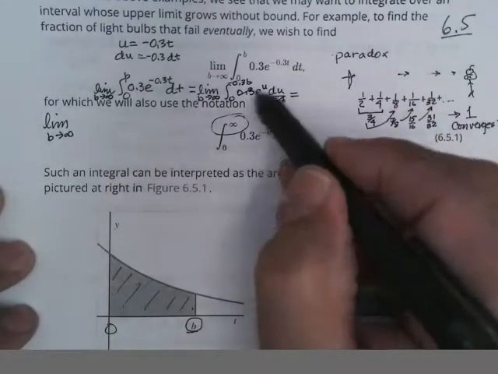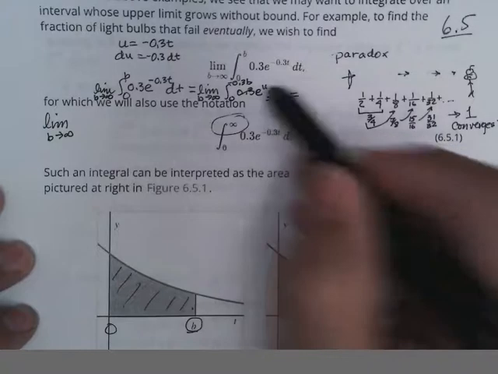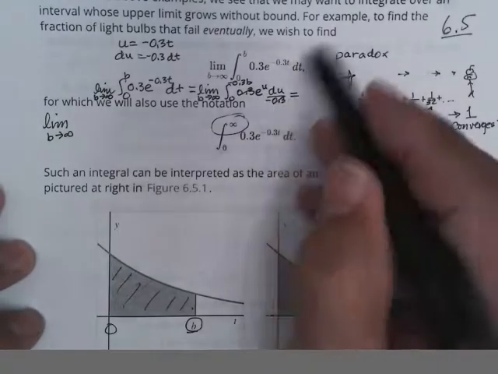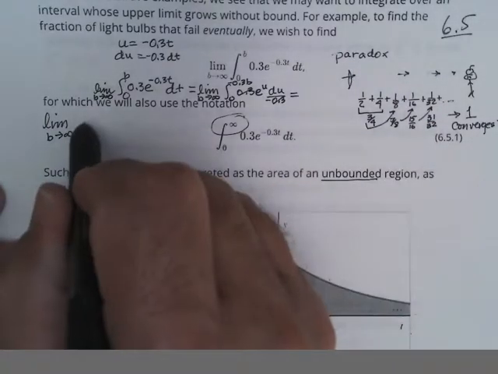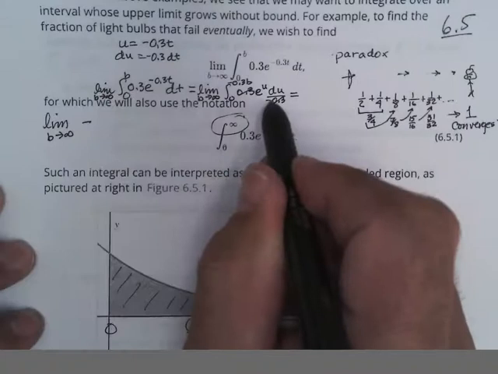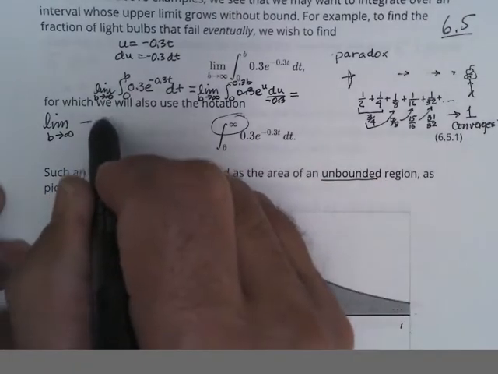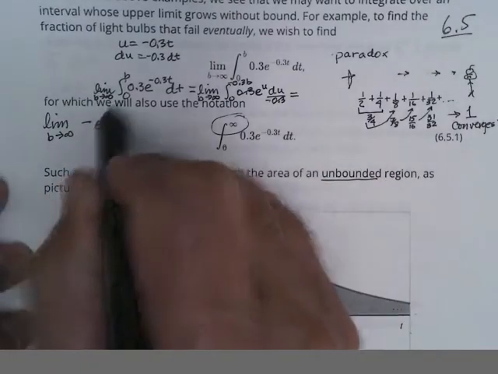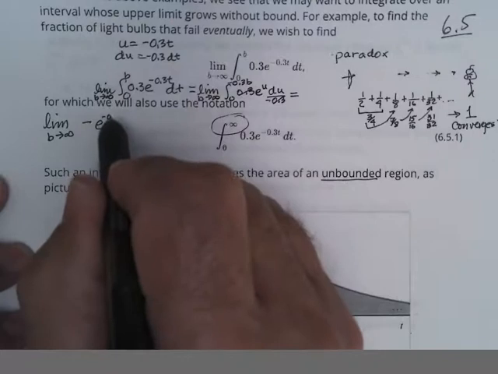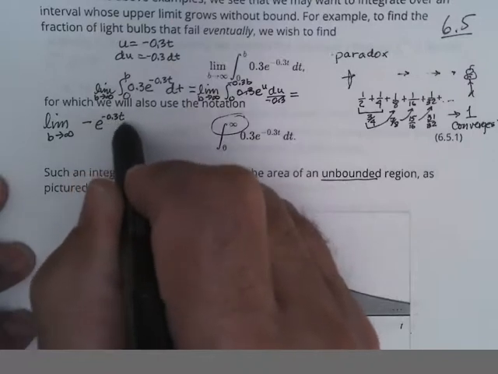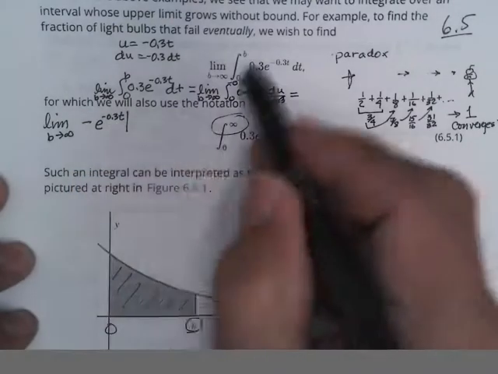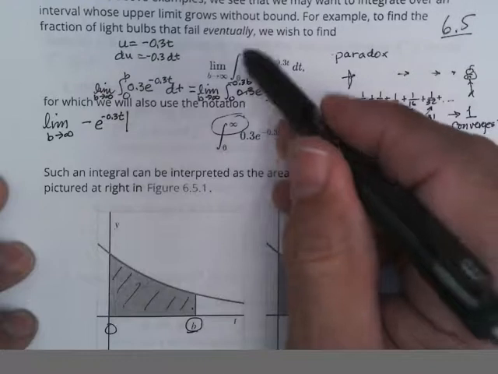The antiderivative, I'm going to have a negative, but the antiderivative of e to the u is e to the u. So that's going to be negative because of the negative there. Negative e to the u, but u was negative 0.3 t. And I need to evaluate that from 0 to b.